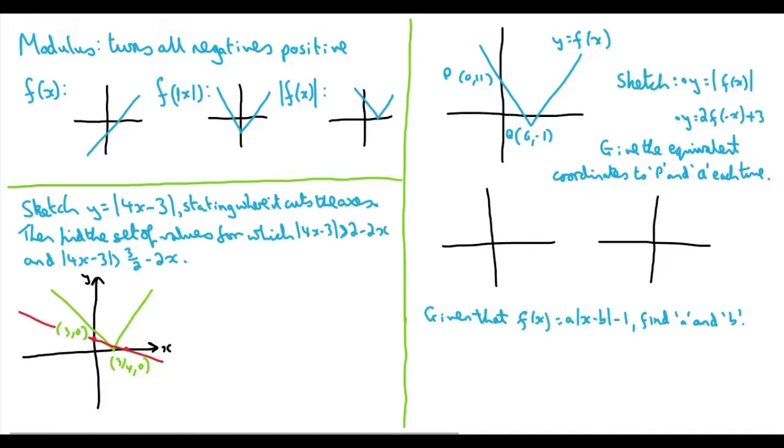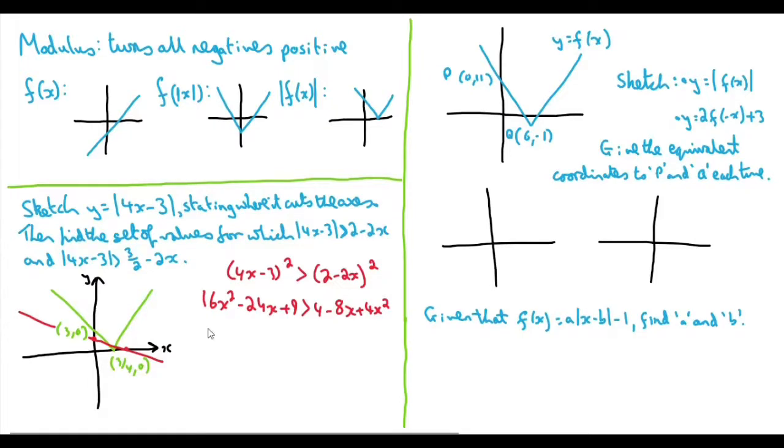So here we can just say that (4x minus 3) squared is greater than (2 minus 2x) squared. So here, if we just expand those brackets, 16x squared minus 24x plus 9 is greater than 4 minus 8x plus 4x squared. Bring that all onto the left-hand side.